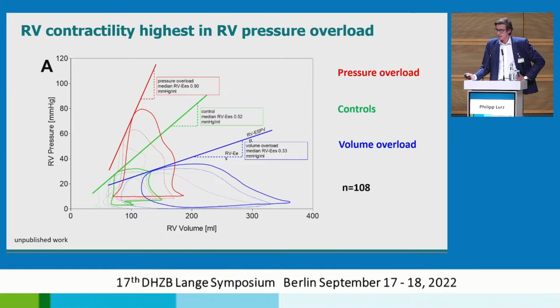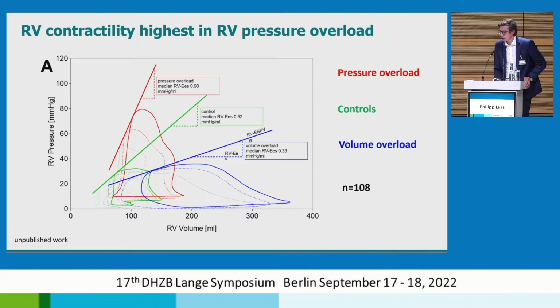It can be assessed invasively with conductance catheters and acquisition of pressure volume loops. And when we do so, we can reconstruct a tangent at the end diastolic pressure volume relationship. And the steeper this line, the better the ventricular contractility. So the more potential the ventricle has to perform, given that we give the ventricle the best loading conditions possible.